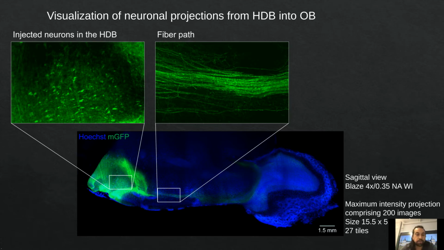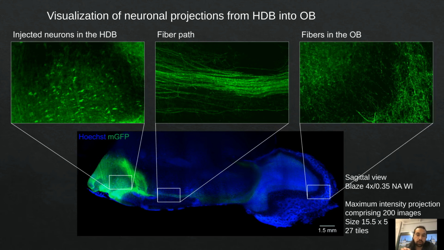Even if it is not that clear in this image, if we zoom in and focus on the olfactory bulb, we can see all the fibers connecting there. Judging by the scale, this circuit is about 6 millimeters long from the HDV to the very end of the olfactory bulb. That is a difficult task to achieve with a different kind of technique.